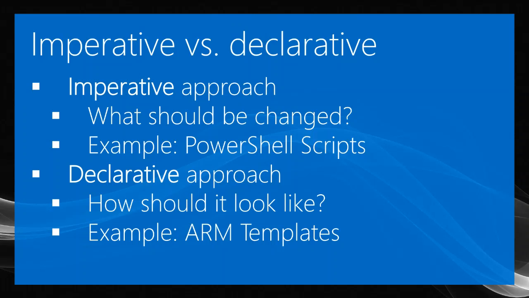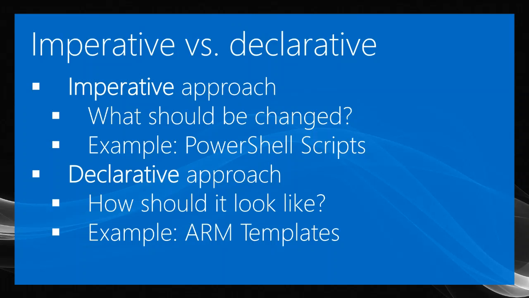In an imperative approach, you have your code, and in that code, you actually define what should be changed. So if you take the example of a PowerShell script, you know that if you have a multi-line PowerShell script, every single line does something, and you instruct what needs to be changed. So line 1, do this, line 2, do this, line 3, do this, and then the script is done.